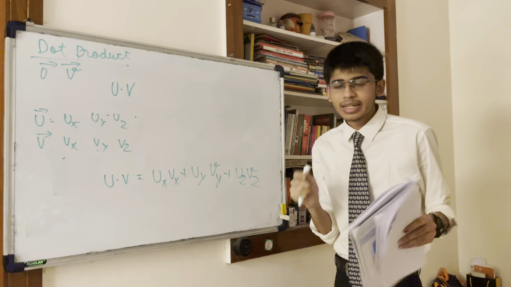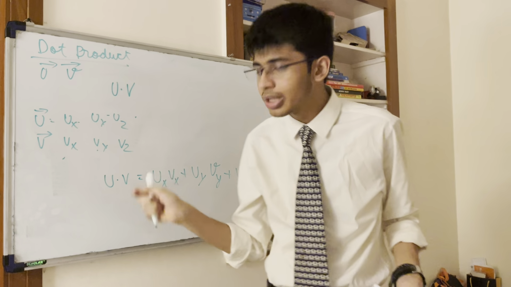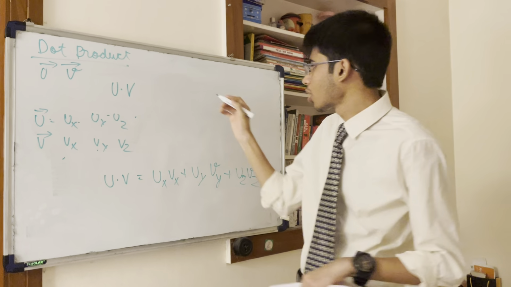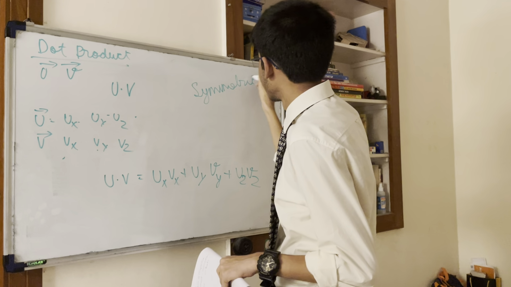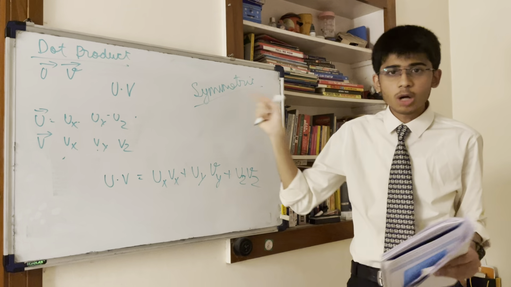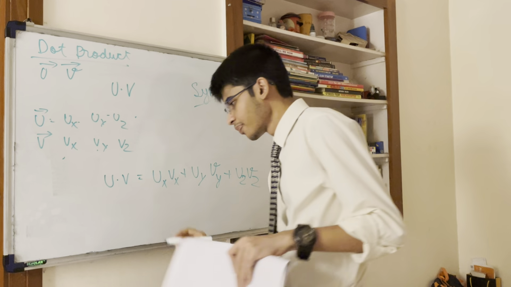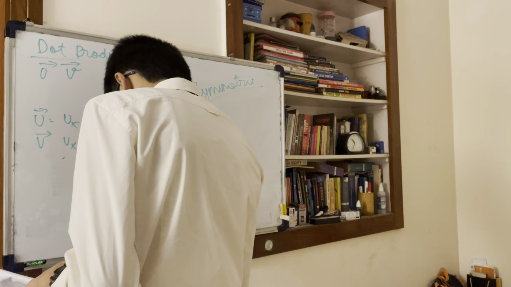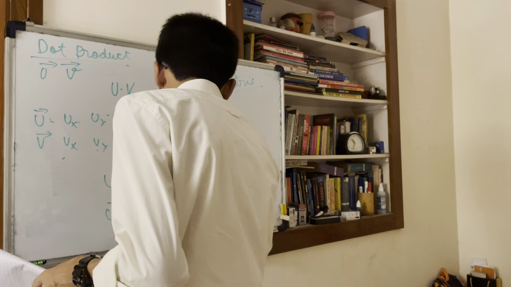Now why did I say it doesn't matter? It doesn't matter because there's a particular property associated with the dot product. It's called being symmetric. Because dot products are symmetric, if I swap these two, the value won't change. So u dot v will be equal to v dot u.